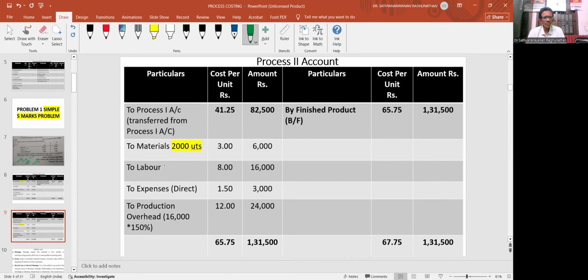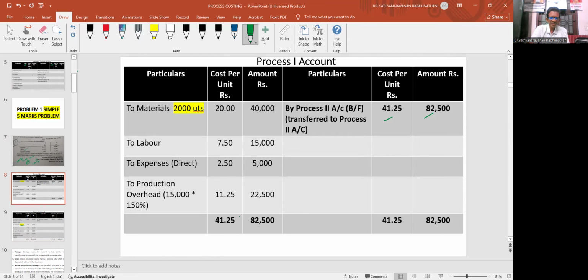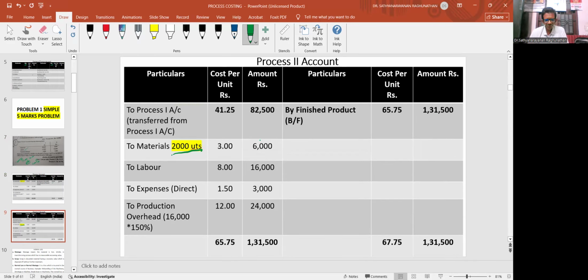And then to materials, the same 2,000 units only. There is no doubt about that. So 41.25, 82,500, this is input, and then this also input. Okay, it is material 2,000 units. And then finally, see the question. 6,000 they have given for the material for process 2. 6,000 divided by 2,000, 3.